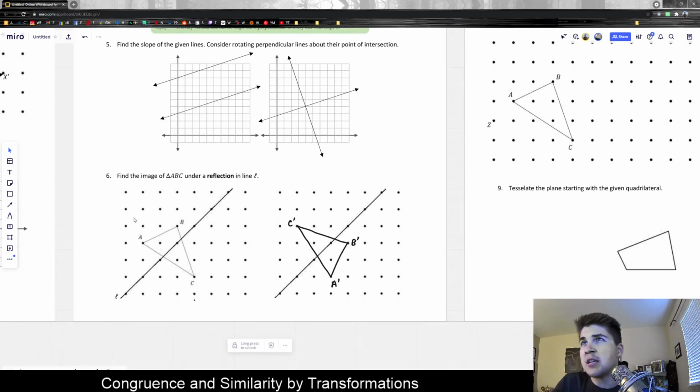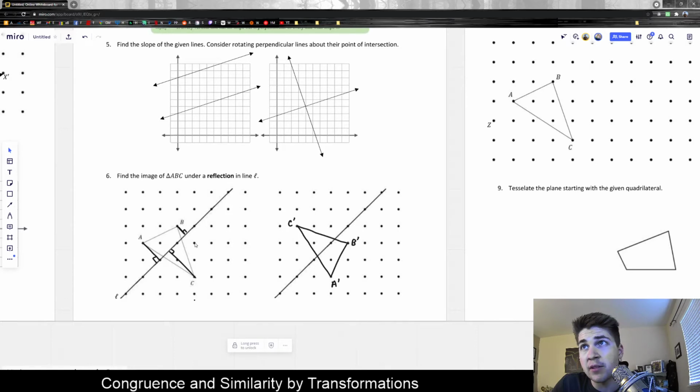So, looking at this particular triangle and its image after it was reflected across this line L, we draw a perpendicular line from each vertex to the line of reflection itself, and then mirror that by duplicating it on the exact opposite side.